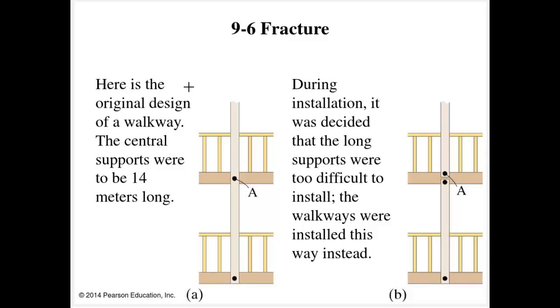The walkway was originally supposed to have only one supporting beam that was 14 meters long and have single attach points for each walkway. However, during the installation process, they decided that it was too difficult to install the long beams, so they installed two shorter beams, now with two pivot points.